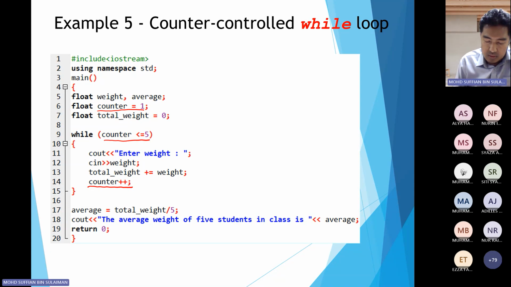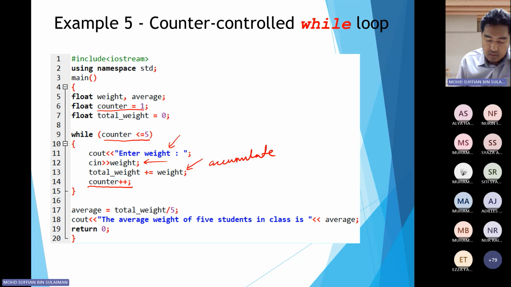In this case, every time the loop runs, we prompt the user to enter the weight, and the user will input the weight, and then we accumulate. Accumulate means we add the weight to the total weight.